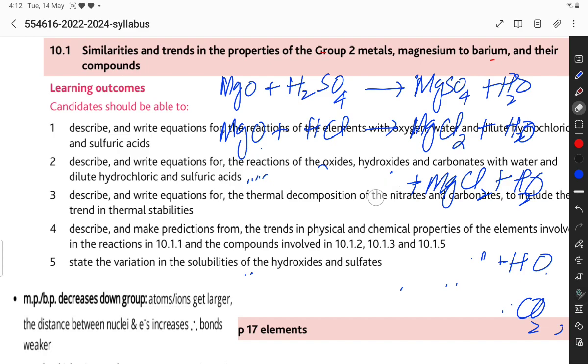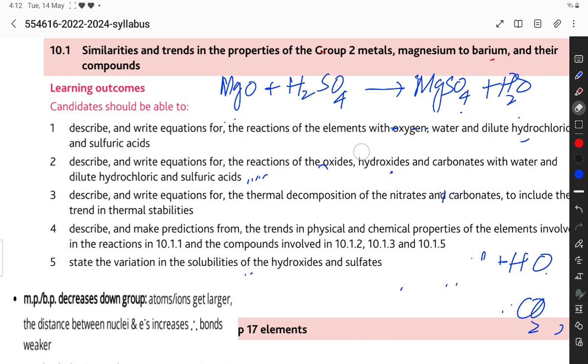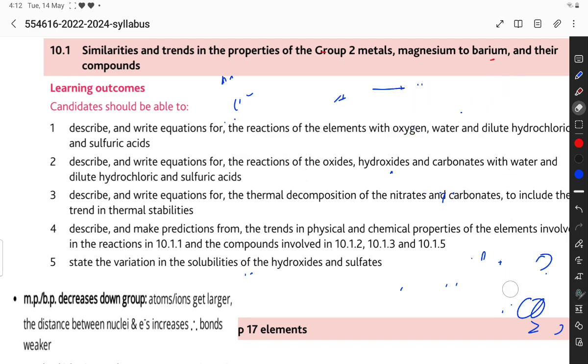Describe and write equations for the thermal decomposition of nitrates and carbonates, to include trends in thermal stability. Describe and make predictions from the trends in physical and chemical properties of the elements involved in the reactions in 10.1.1, and the compounds involved in 10.1.2 and 10.1.3.